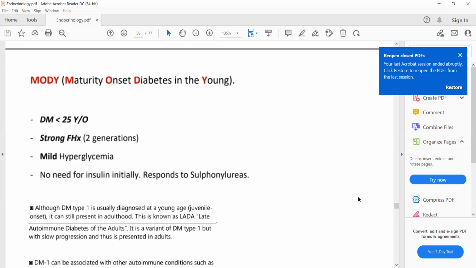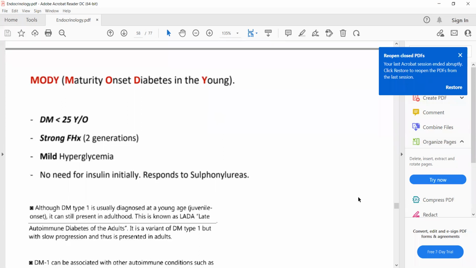Initially, usually there is no need for insulin. So in the PLAB 1 exam, you will be asked to make a diagnosis of MODY, and the criteria is type 2 diabetes mellitus in a young patient less than 25 years of age who has a strong family history of diabetes. Your diagnosis will be MODY.